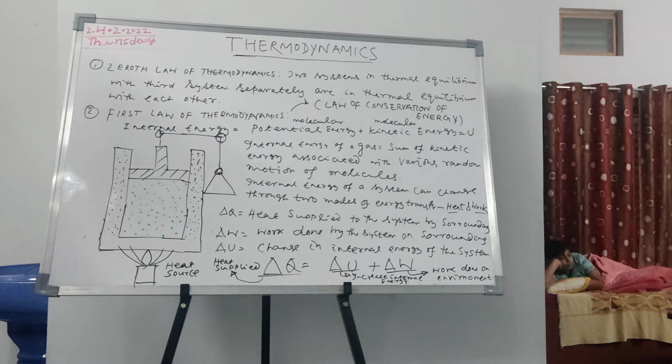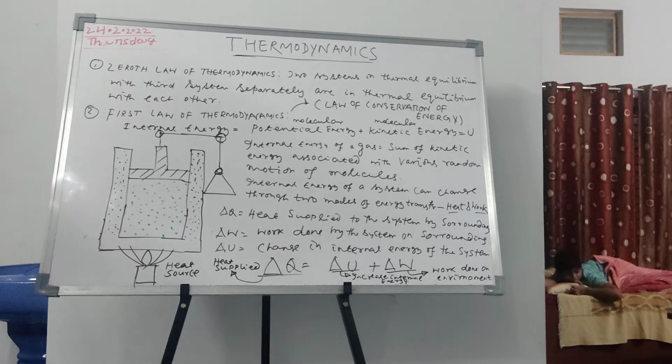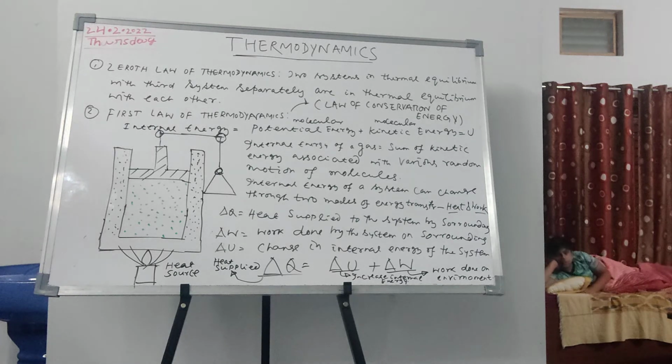The blood is pumped by our heart, and it moves to different parts of the body and maintains the body temperature constant throughout. So that is one example of forced convection.